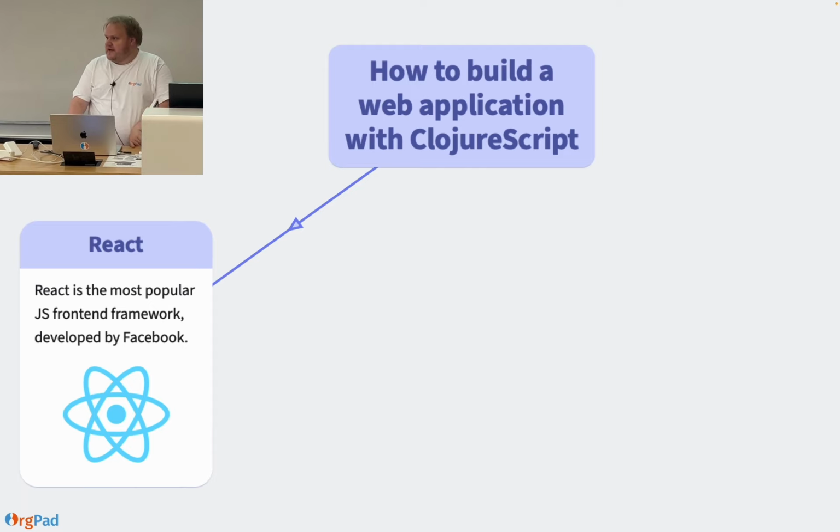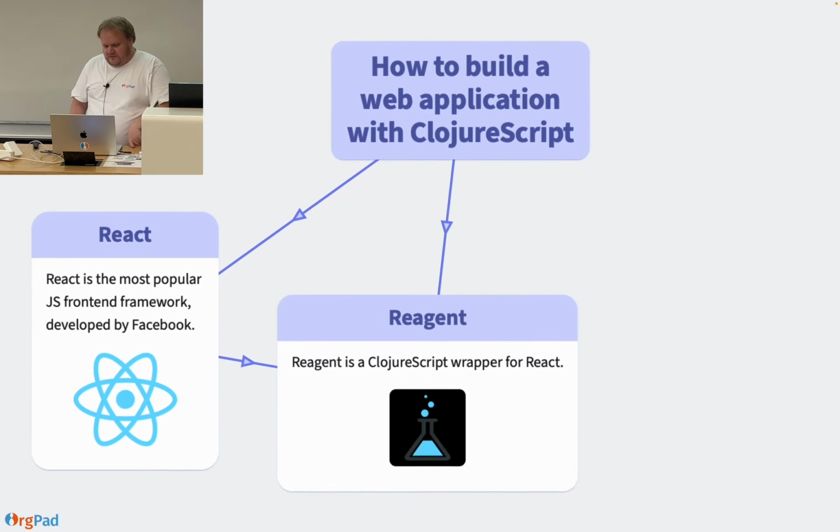We can actually make React better by wrapping it nicely in Clojure. There's this Clojure library called Reagent, which wraps React and makes it more functional, and in a lot of situations also faster. ClojureScript made React faster, so they had to rewrite React to leverage immutable data structures, because they figured out that immutable data structures make things faster.